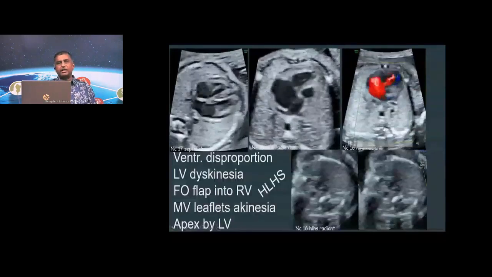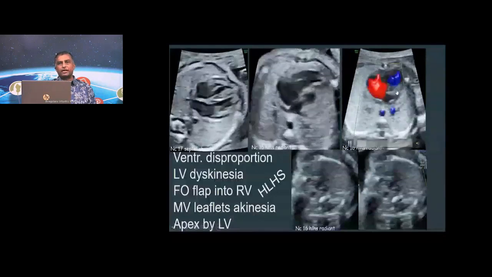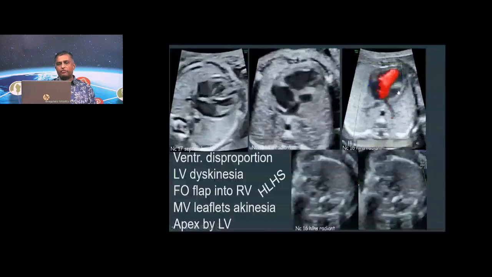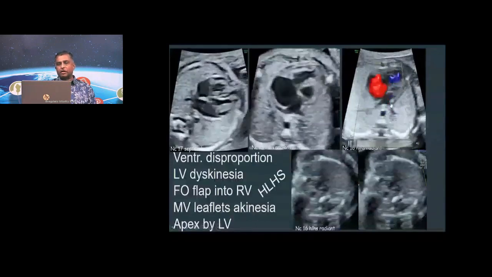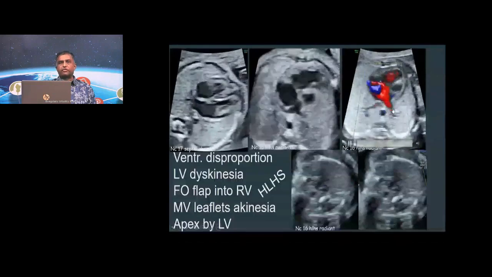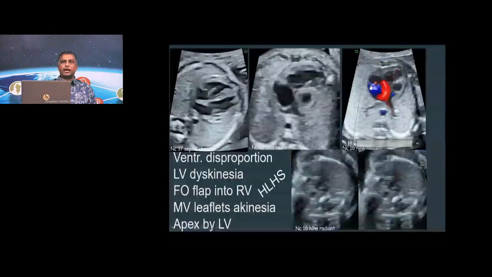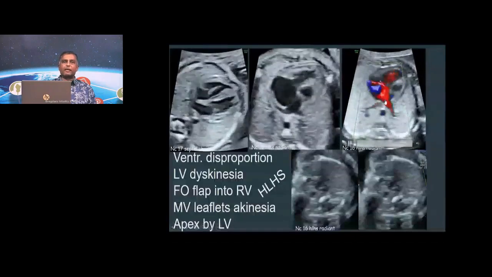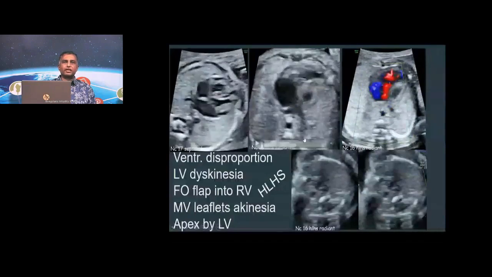And when you look at the color, you find that there is no flow across the mitral valve at all. Flow across the tricuspid is good, normal, and you have a retrograde shift of blood from the LA into the RA. Normally it's from the RA to LA. Here you can see red happening there.